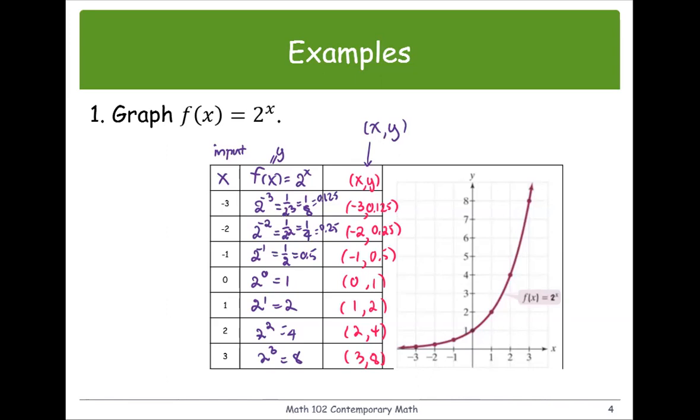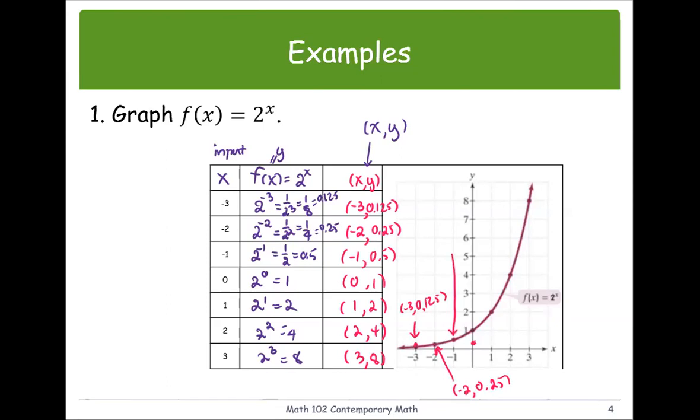As the graph provided shows, where x is negative 3, the y value is 0.125, so the ordered pair is located at negative 3, comma 0.125. And then for x equals negative 2, the ordered pair is negative 2, 0.25. So the y value is a quarter or 0.25 right there.